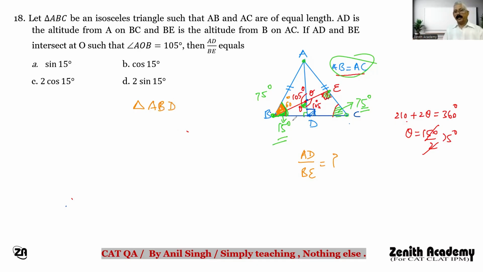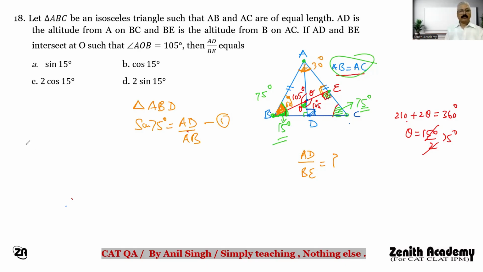So in triangle ABD, sine 75 is equal to this height AD upon hypotenuse AB. And then BE is also required here. So look here, it was 60 and this is 90 degree. It is 60, it is 90. So this will be equal to 30 degree.